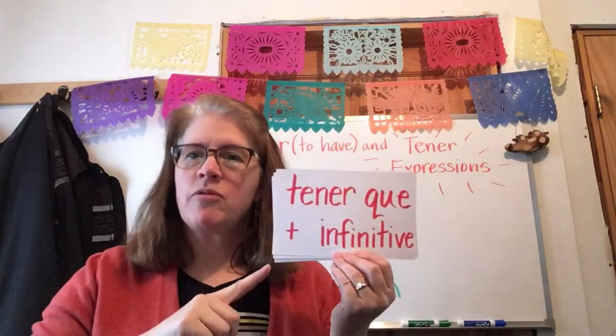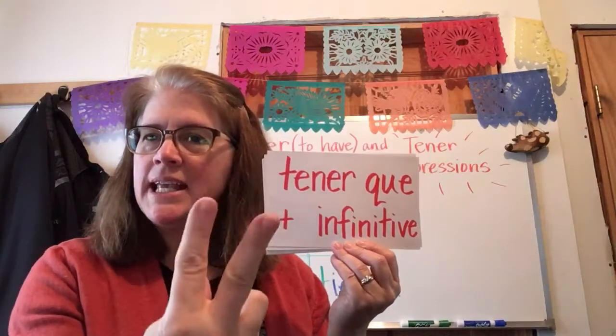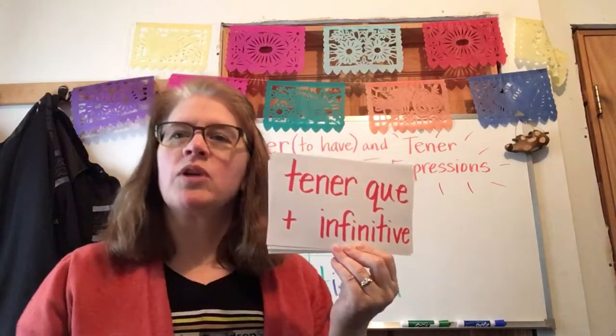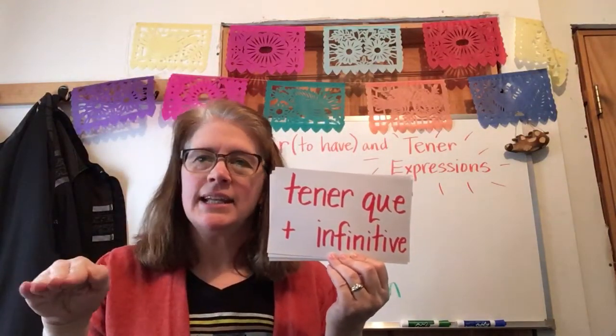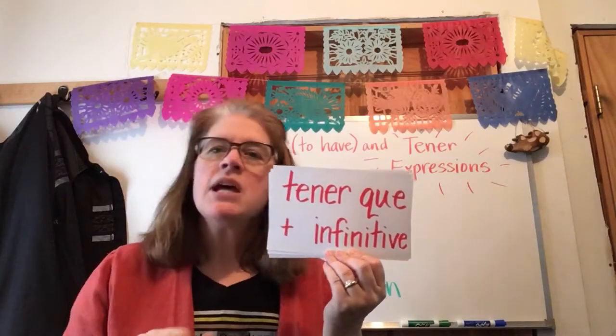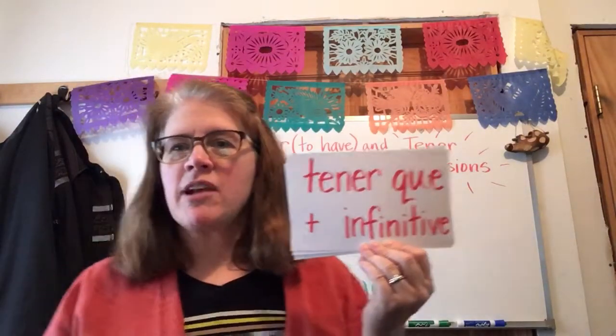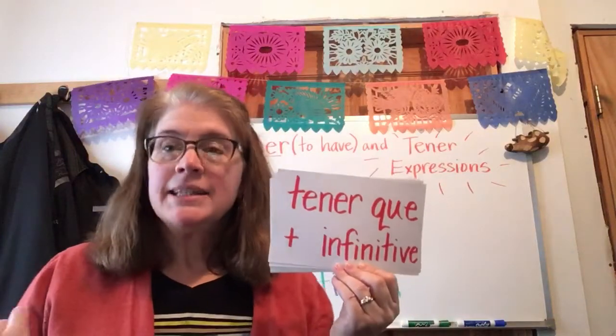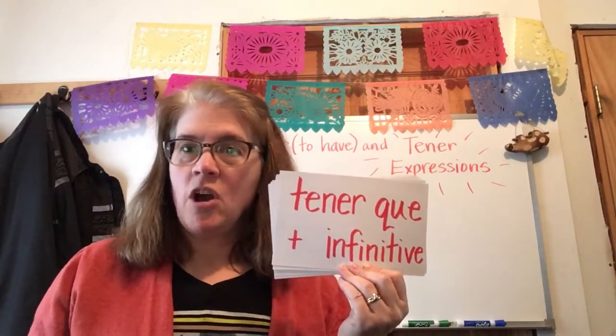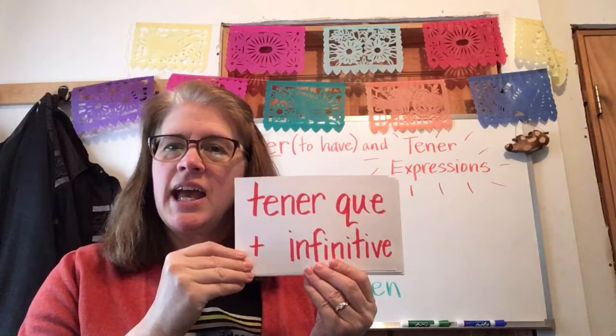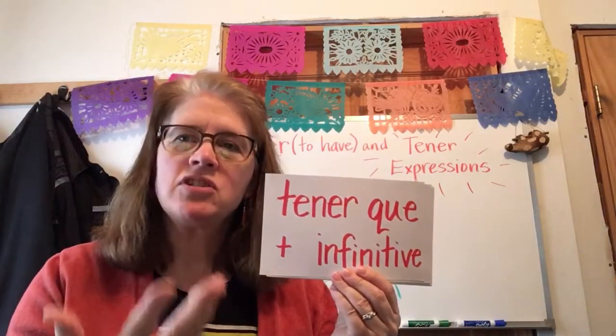Yep, it's a verb form that ends in AR, ER, or IR. In other words, don't put an ending on it. Leave it in the base form, right? So probably the most common phrase we learned in the beginning of the year was, tengo que irme, I have to go, right? So tener que means to have to do something.